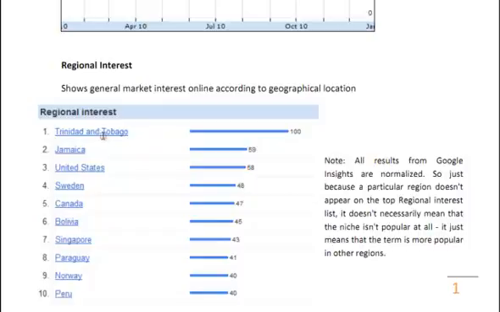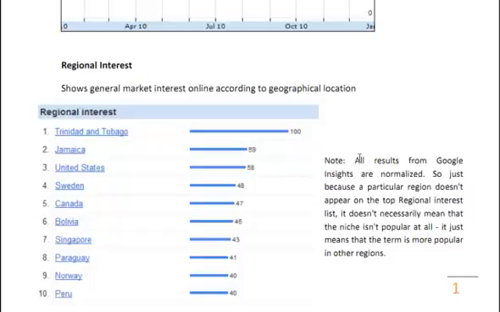Even though Trinidad and Tobago is top of the list, it doesn't mean that the number of searches being done in Trinidad and Tobago for acne is the highest. It just means there's probably a higher chance that people in Trinidad and Tobago are searching for information related to acne.